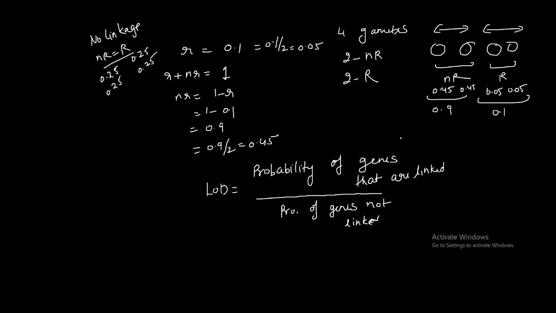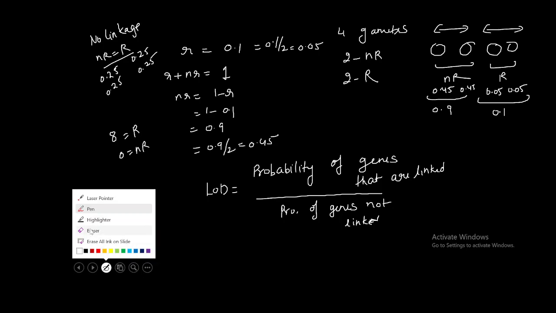Okay. So let's say in a family you are getting 8 non-recombinants and 0 recombinants.